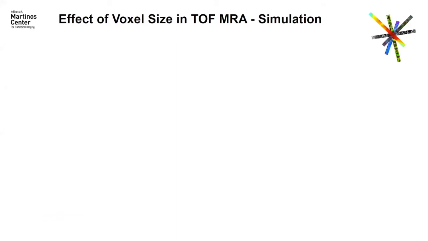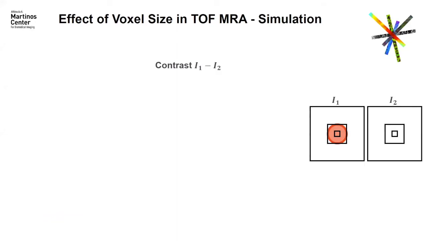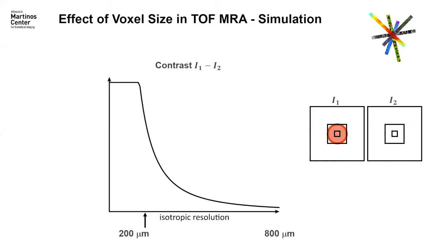So I started to simulate the contrast between a voxel that has an artery and a voxel that doesn't have an artery, depending on the voxel size: voxels fully contained within the artery, voxels just the size of the artery, or voxels way bigger. What you can see, assuming a vessel of 200 micrometer diameter, is that as soon as your voxel is even just a little bit bigger, you're losing the contrast, and pretty quickly you don't see anything anymore, although the effect of inflowing blood is still there.